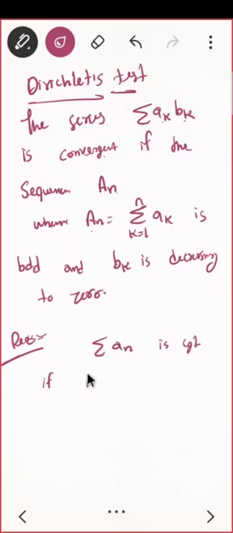If the sequence of partial sums, which we mostly denote by sn, that is the sum from k equal to 1 to n of ek, that is e1 plus e2 up to en, is convergent. Agreed? This was the first definition of convergence of a series: we look at the sequence of partial sums and see whether it is convergent or not. Correct?